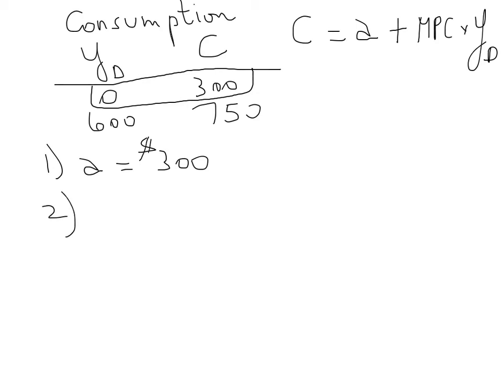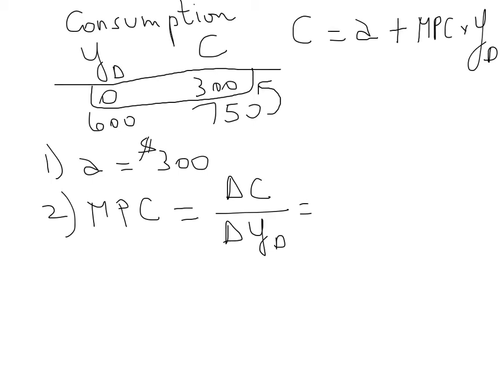Let's see another question. Suppose you are asked to calculate marginal propensity to consume. The formula is the change in consumption divided by change in disposable income. What's my change in consumption? 750 minus 300, divided by 600 minus 0, the change in disposable income. So that's going to be 450 divided by 600, which is going to give you an MPC of 0.75.